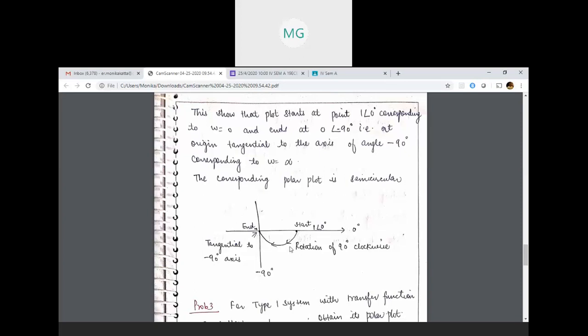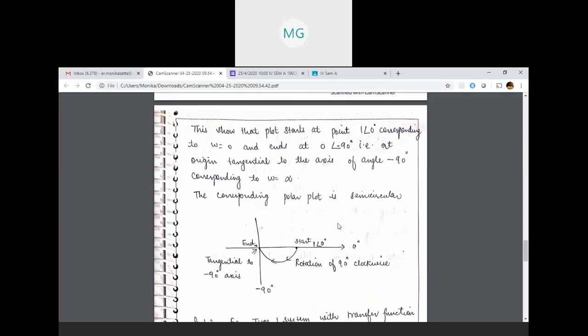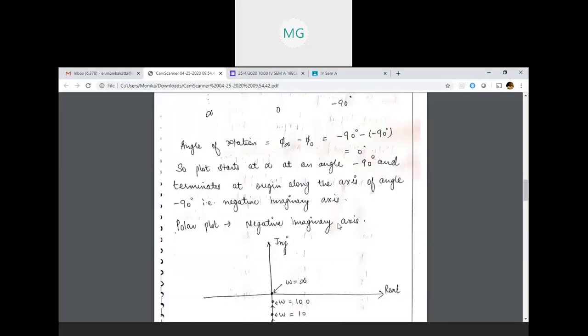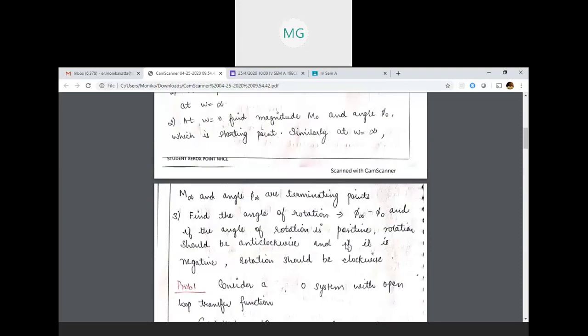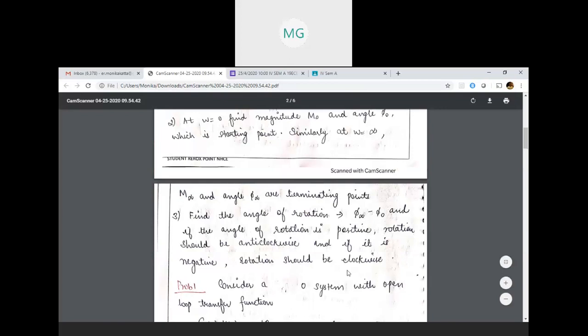Rotation of 90 degree clockwise. Now, what have you understood? I told you, when your angle of rotation is negative, then the rotation should be clockwise.